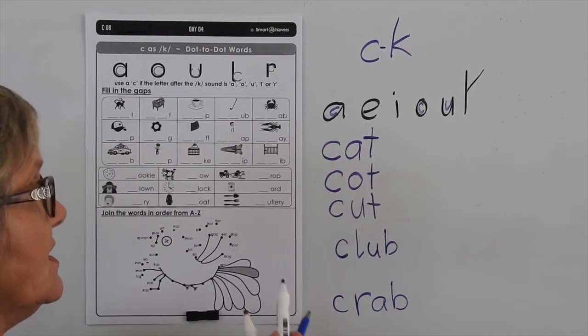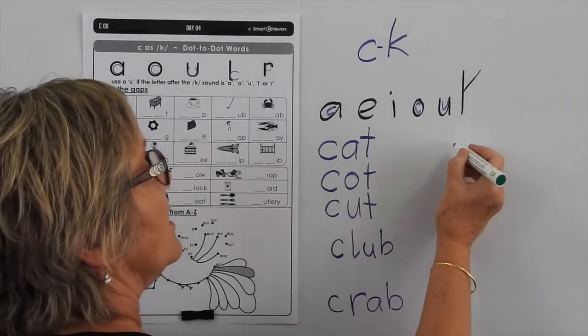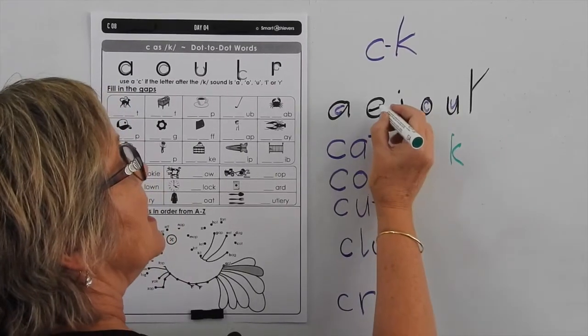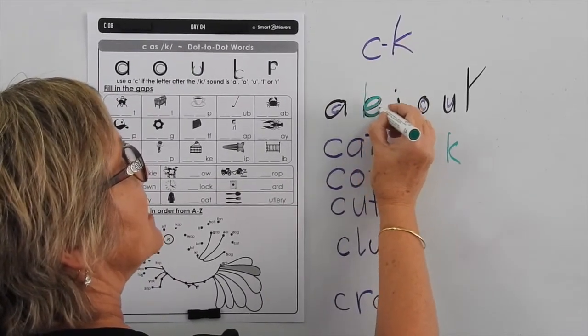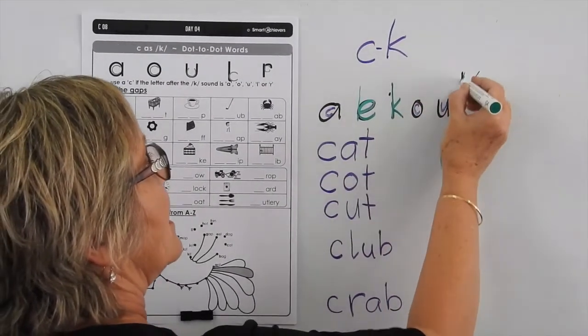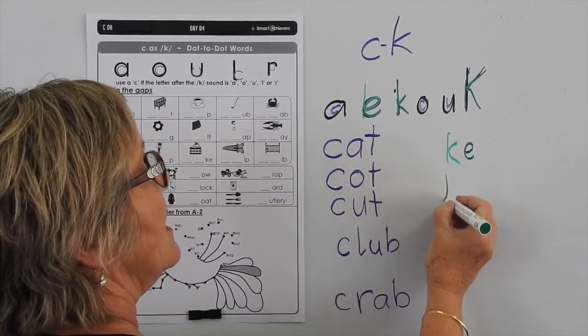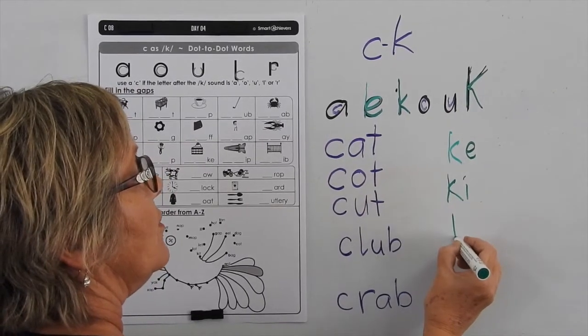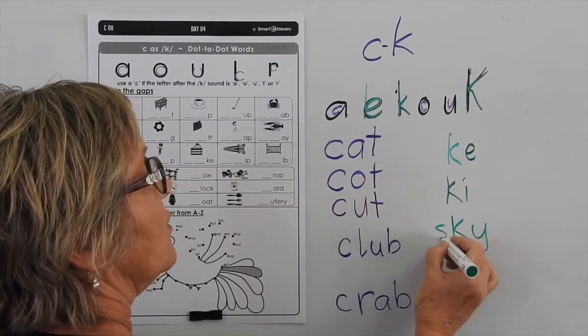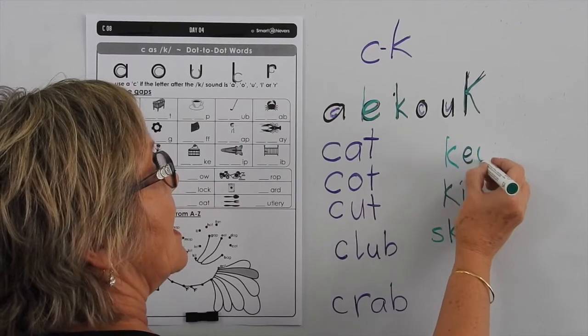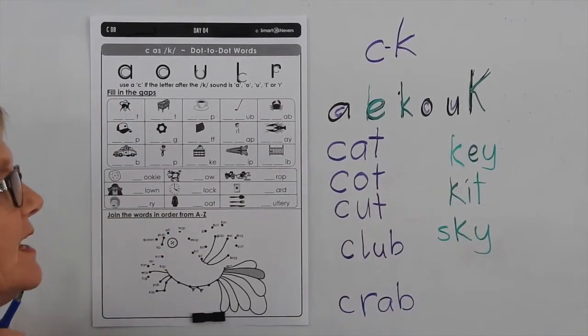To know whether to use a K for the k sound, we know that there's a K hidden inside an E, an I and a Y. So if the letter after a k sound is an E, an I or a Y, we know we have to use a K for the k sound.